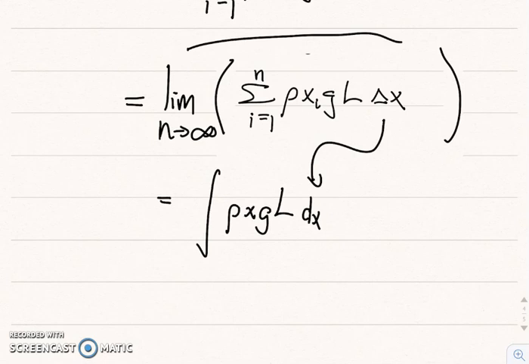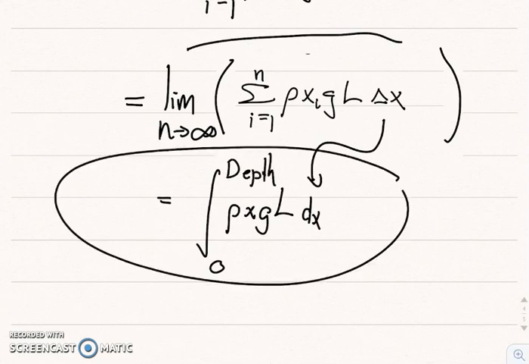In our scenario above, it looks like the plate was situated so that its top coincided with the surface of the water, so it began at depth 0 and it moves downward to the total depth of the plate, which I did not give you in this problem, so let me just write total depth for the upper limit of integration. So there we go.